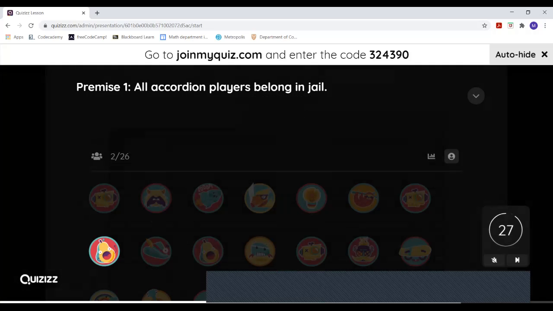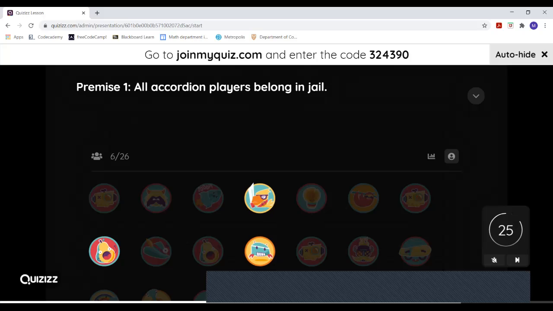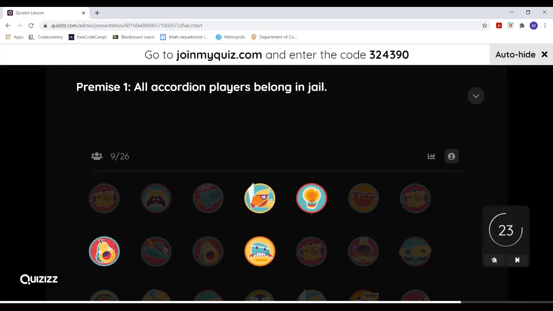And so that should have said if they are an accordion player, then they belong in jail. And so now we want the Venn diagram that represents that.